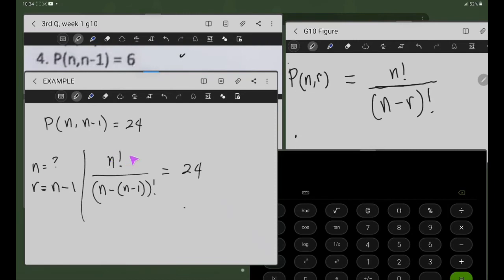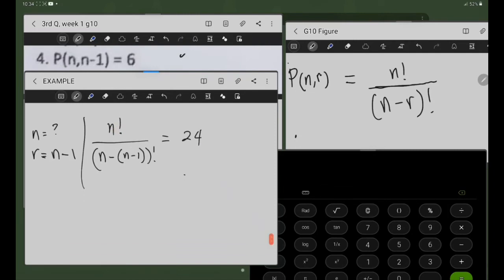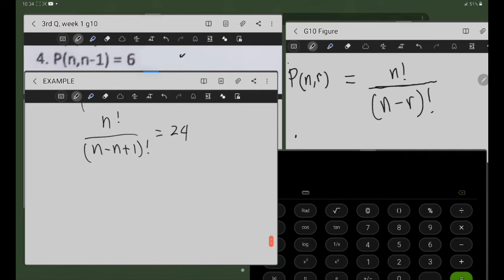So ito, i-simplify natin ito. So mayroon tayong n factorial over n minus n plus 1 factorial. Okay, so dito meron tayong n minus n is 0.